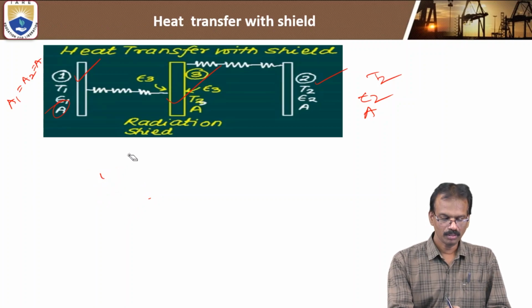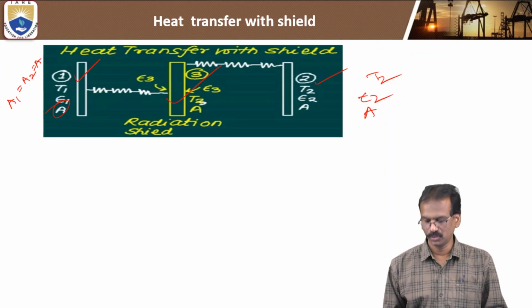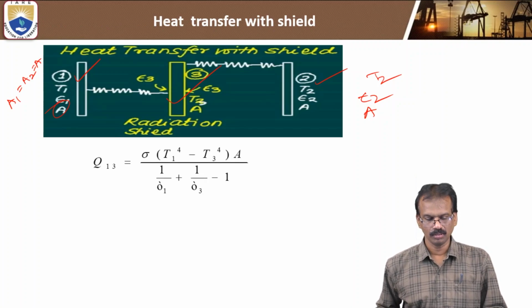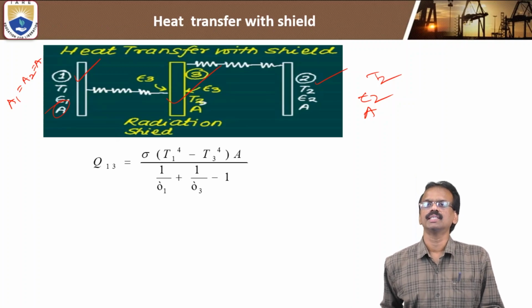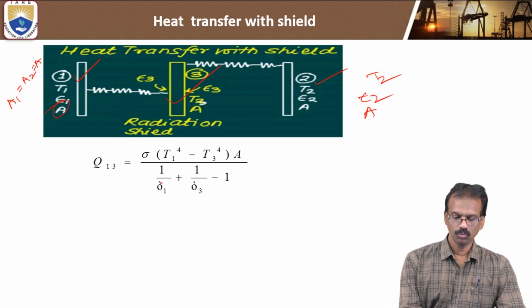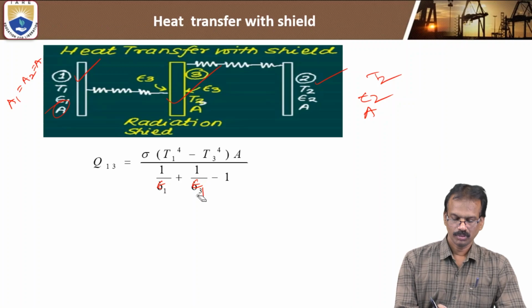According to the first formula, which we derived for heat transfer by radiation between two infinite parallel plates, we already have the rate of heat transfer between the two plates.